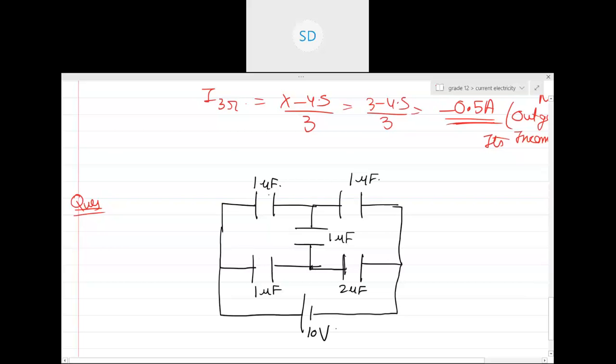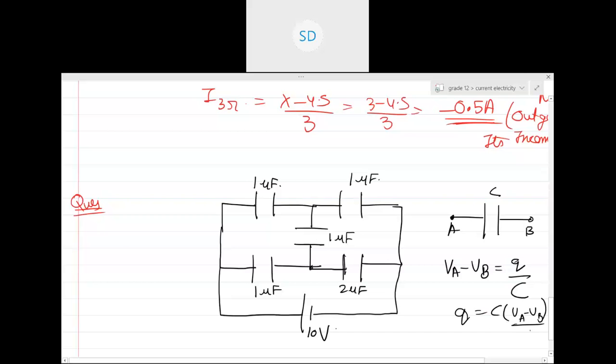See, things will change. The formula is different. Suppose I have a capacitor of capacitance C in between 2 points A and B. So, what is VA minus VB? VA minus VB is basically Q by C, or Q should be equal to C into VA minus VB. So accordingly, initially in the previous case, we did VA minus VB upon R. Here it is in multiplication. So, a little attention is needed on the math part.